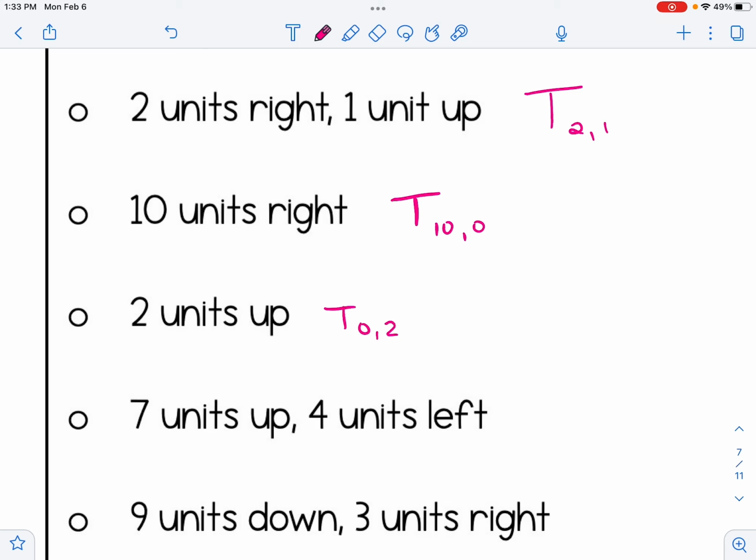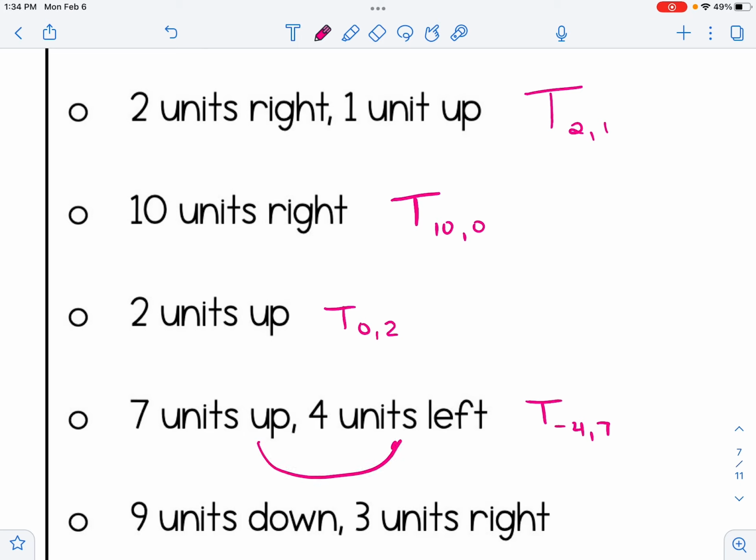All right, next bullet point is 7 units up and 4 units left. So that's going to give me T, negative 4, positive 7. And if you were looking at that one and you thought it was going to be 7, negative 4, notice the little bit of a trick in this question. Normally, we've been seeing left or right show up first in the description, but this one has it flipped.